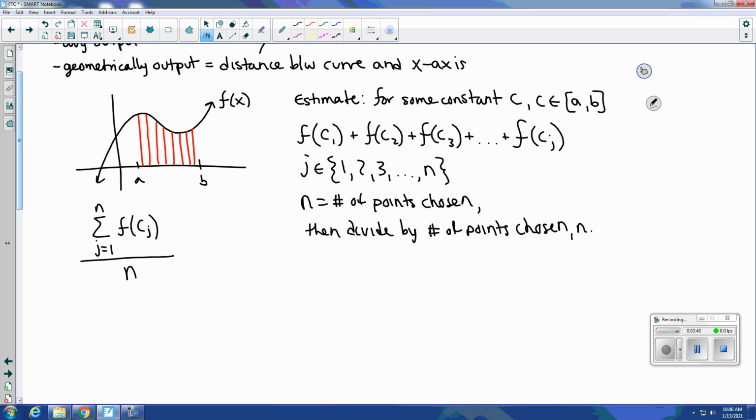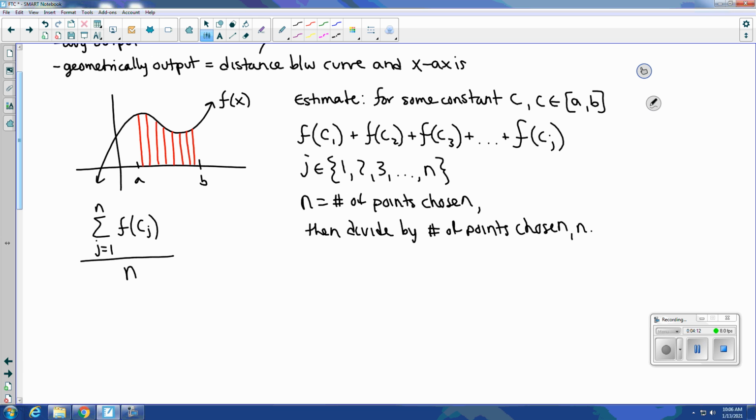So we're going to reformat this, and we're going to see some similarities between what we have written here and a Riemann sum. Let's say that the points we choose, we want them to be equally spaced. We don't want to just choose all of our values, say, closer to a and leave all the points that are closer to b out of the picture. So for the best estimate, we would want our points to be equally spaced.